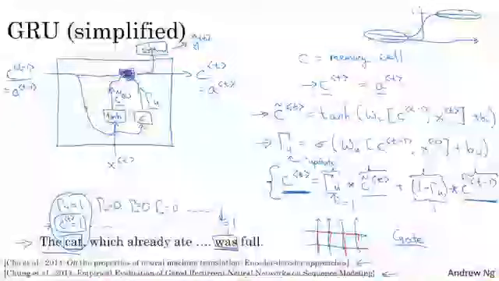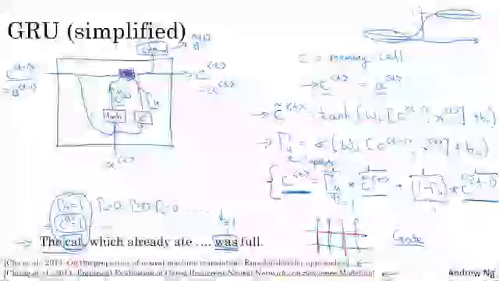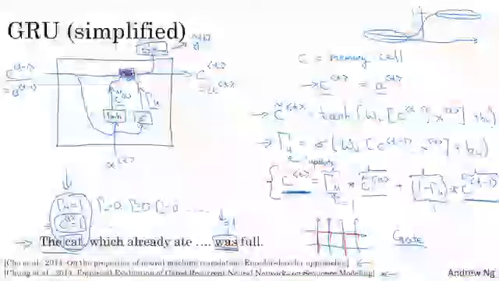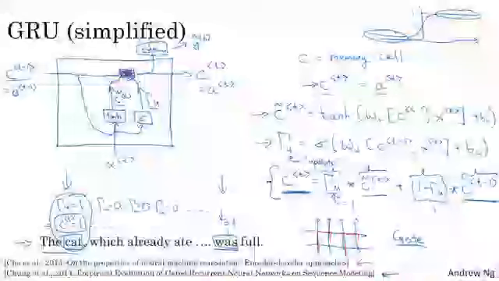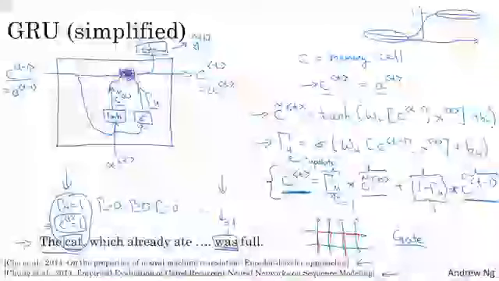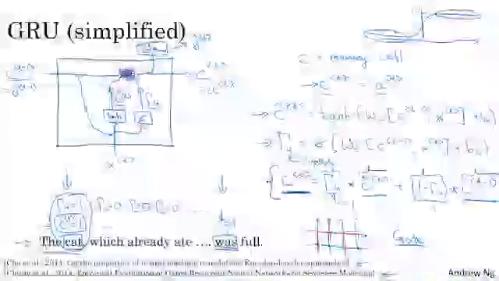And what it's remarkably good at is, through the gate, deciding that when you're scanning the sentence from left to right, that's a good time to update one particular memory cell, and then to not change it until you get to the point where you really need to use this memory cell that you had set even much earlier in the sentence. And because the gate is quite easy to set to 0, right?